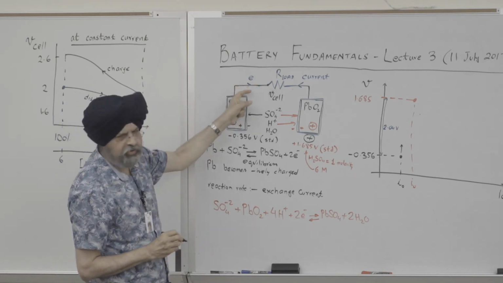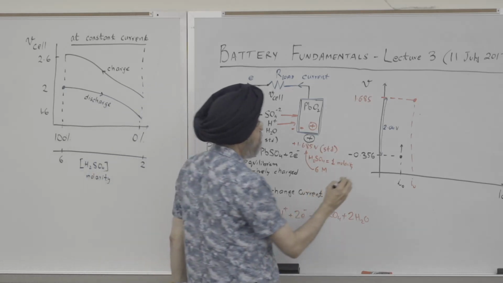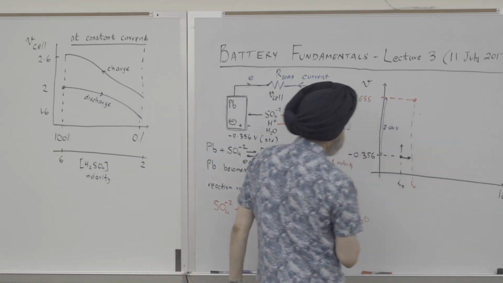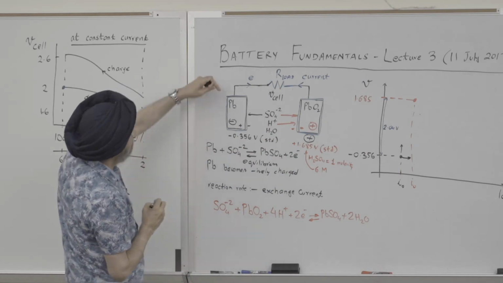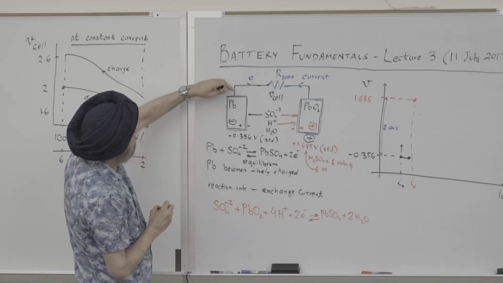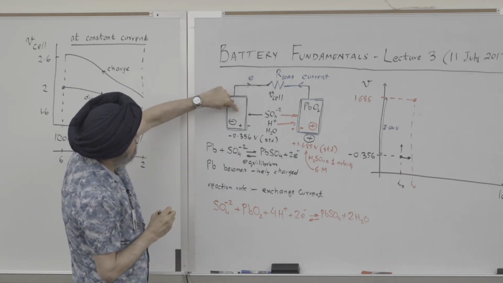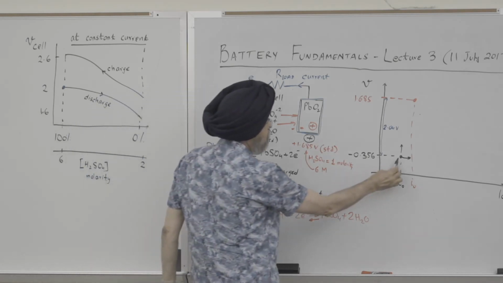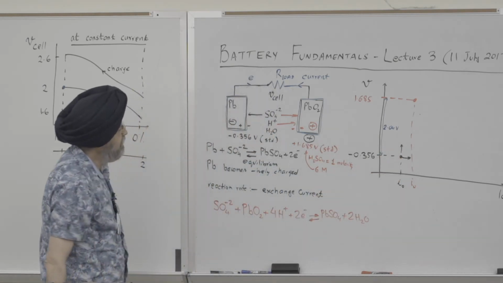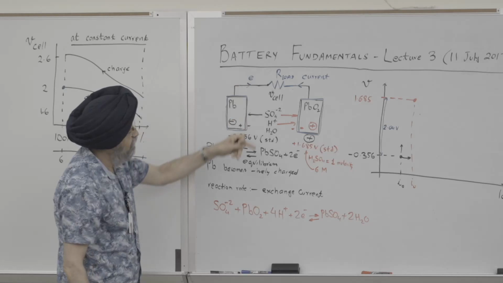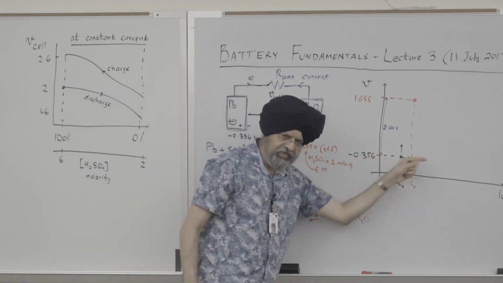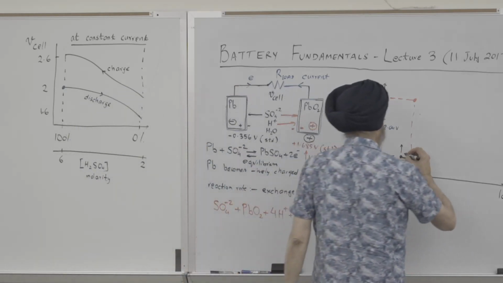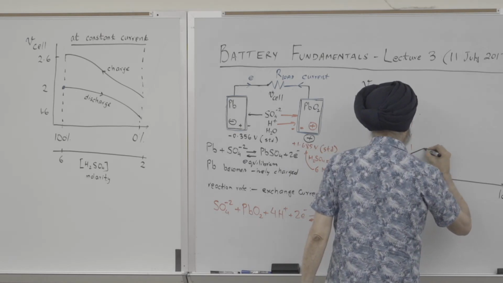Before, there was no current flow. So two things happen. We are removing electrons, so this is becoming positive, so the dot is going up, and we have current flow, so the current is increasing. So the net is that this curve goes in this direction.